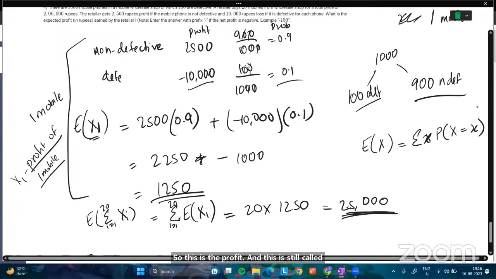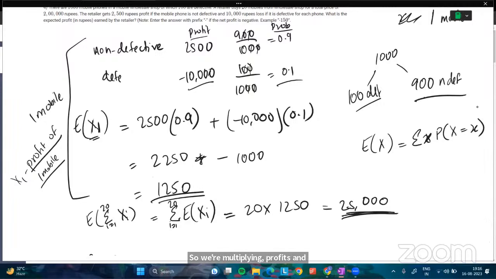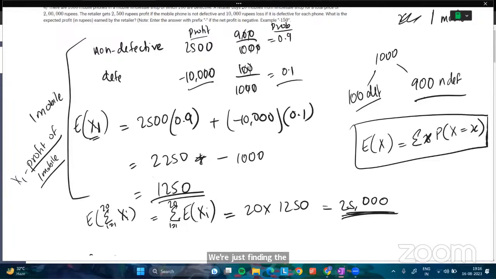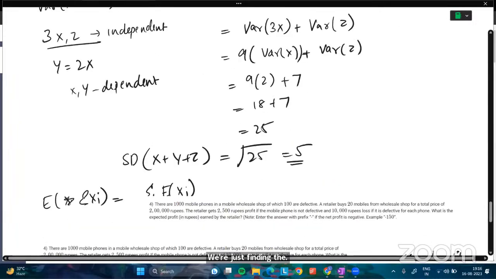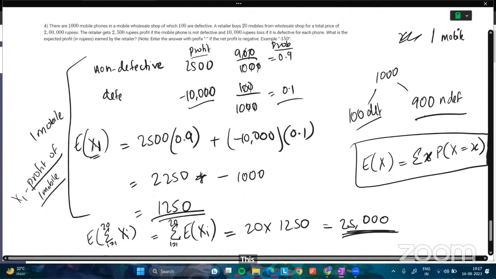So we're multiplying profit and probability and adding. But why are we adding, ma'am, 2,500 into 0.9 plus minus 10,000 into 0.1? We're just finding the expectation using this formula. Oh. This must have been taught to you in the lecture. I just directly use the formula for this part.